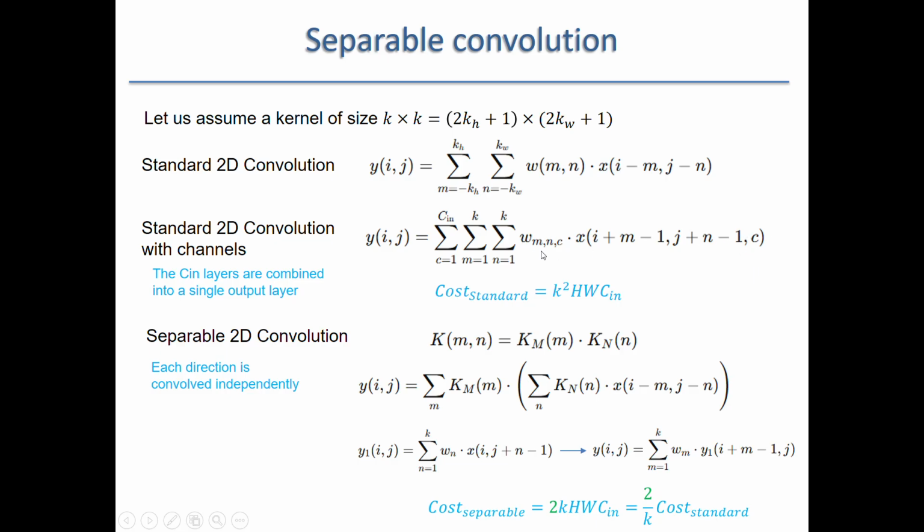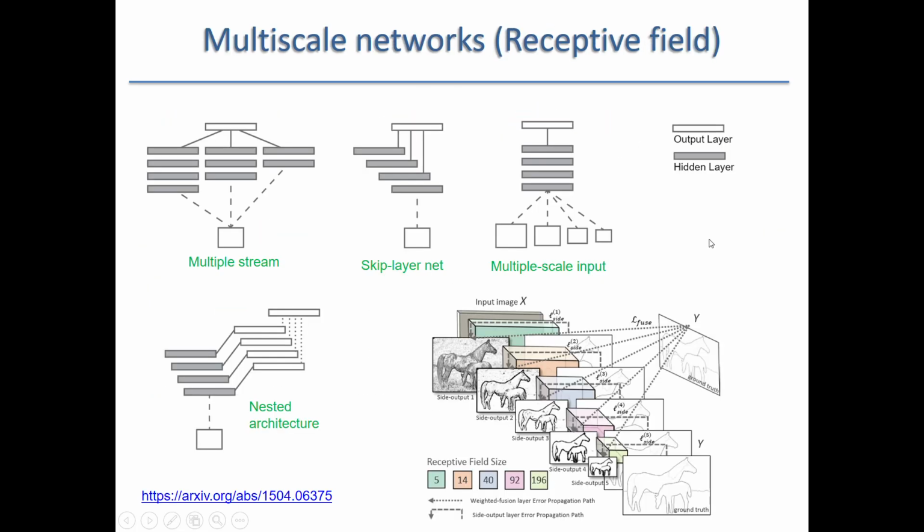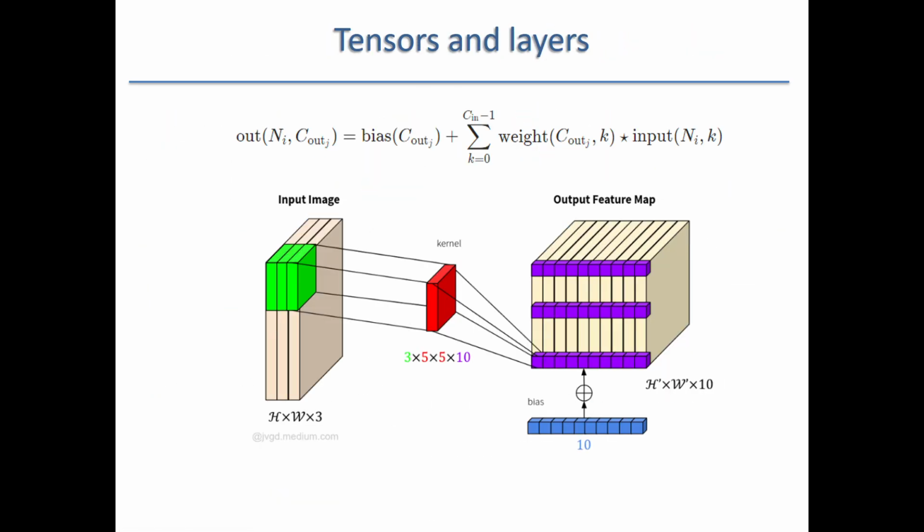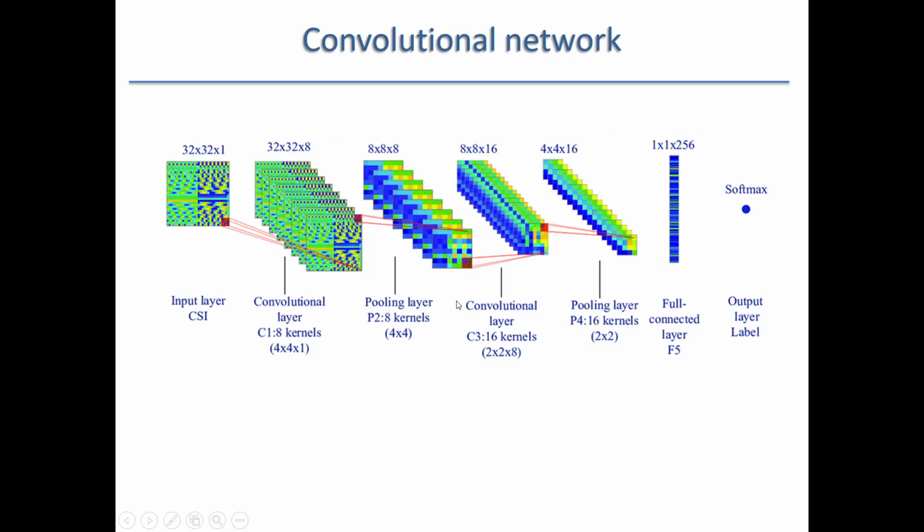So now, rather than having just two-dimensional weights, you have three-dimensional weights to account for the channels. That is what was represented here. Because we have three channels, an output pixel will be using information from the three channels, and the convolution is performed in the three channels at the same time.